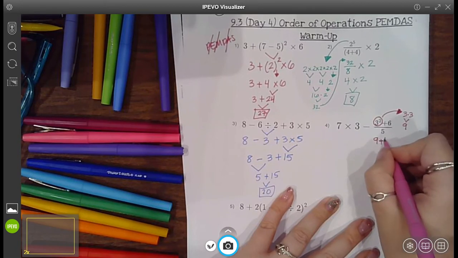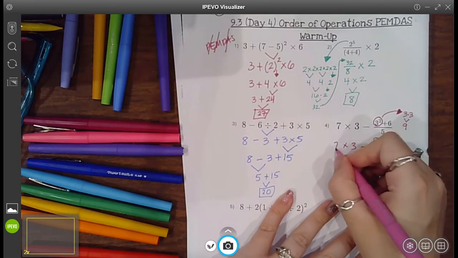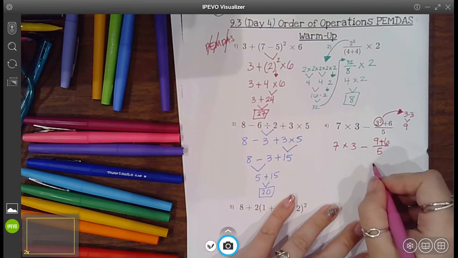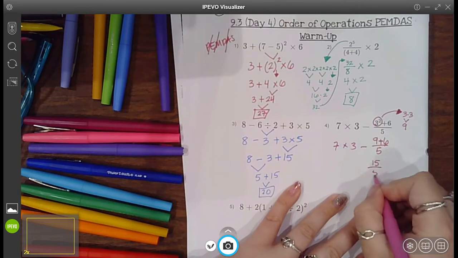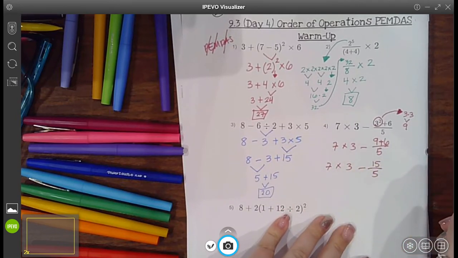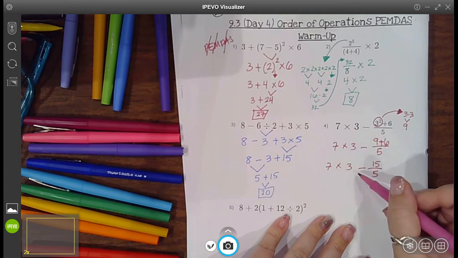Bring down the plus 6 over 5 minus 3 times 7. Okay, now to simplify the top, you just have 9 plus 6, which is 15 over 5 minus 3 times 7. Okay, the only thing that we're deciding between is multiplying, dividing, or subtracting.